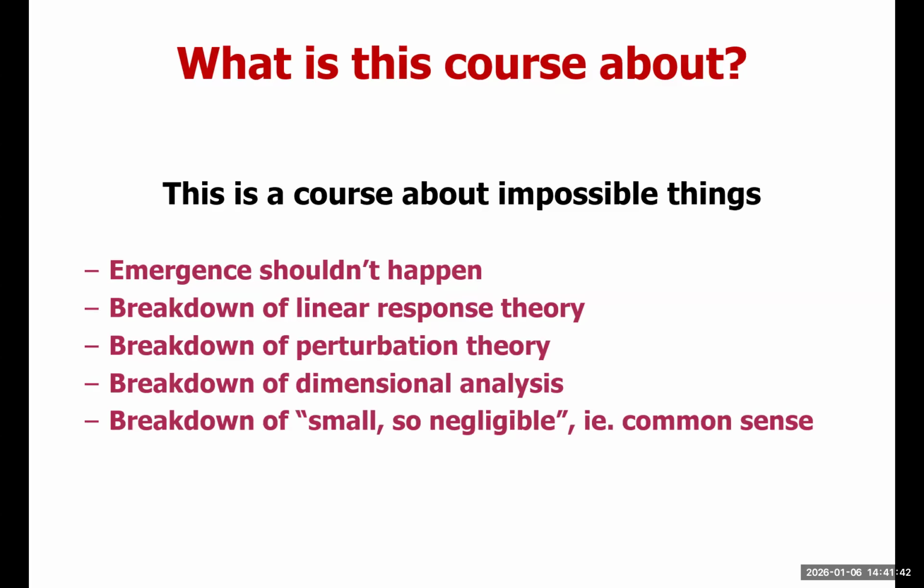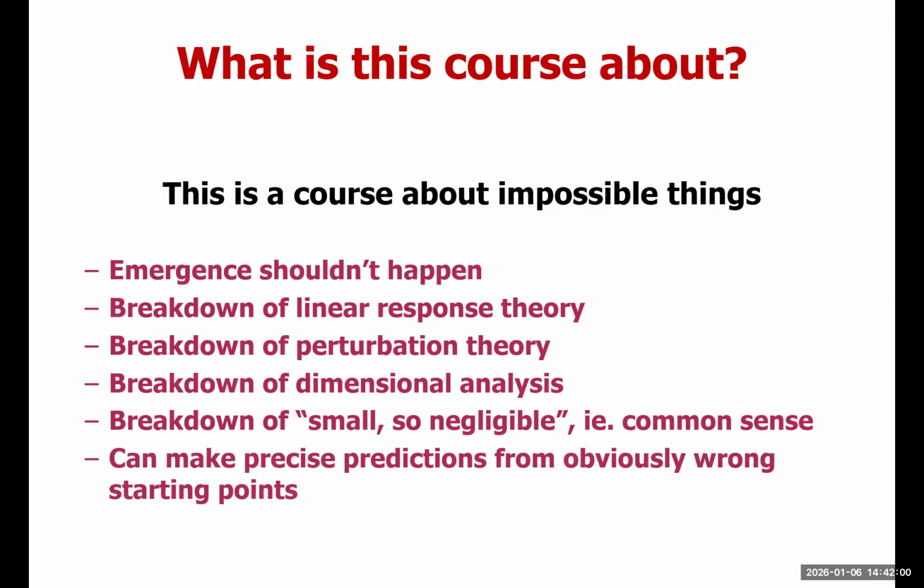The biggest source of confusion was that the common sense idea that small means negligible breaks down. And if it breaks down, then what replaces it? How do you get around that? It's fantastic how this gets resolved, and it's a very exciting intellectual story, and you'll learn about it.